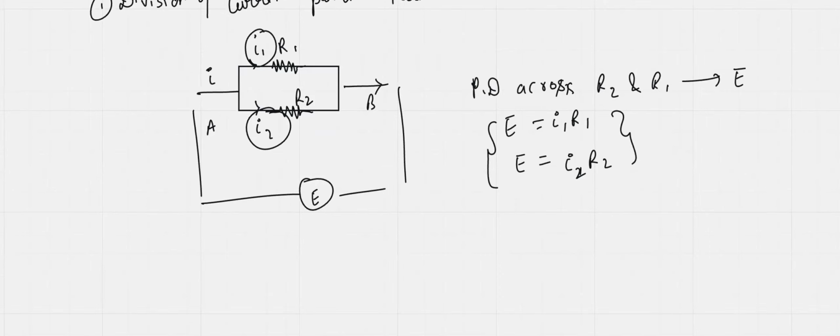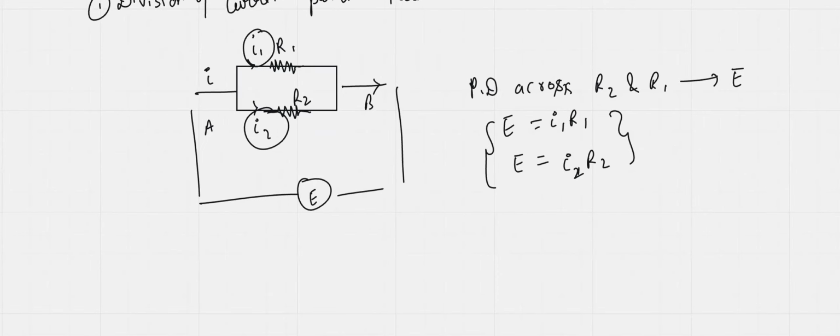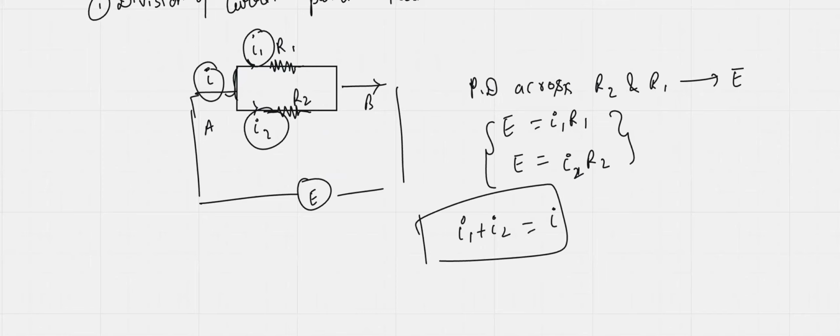If you know that this I is the total current, it has been divided, bifurcated into two, that is I1 and I2. So I can simply say that I1 plus I2 is equal to I. From here, what I'm going to get is I1 is equal to E by R1, and I2 is equal to E by R2.